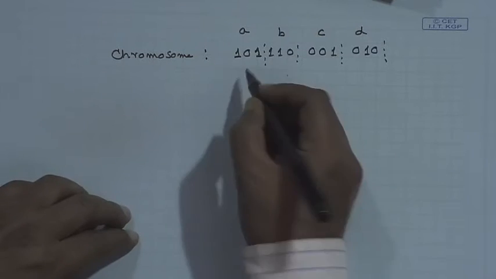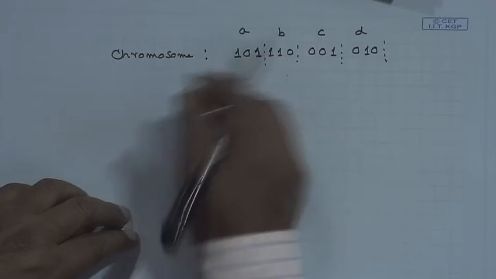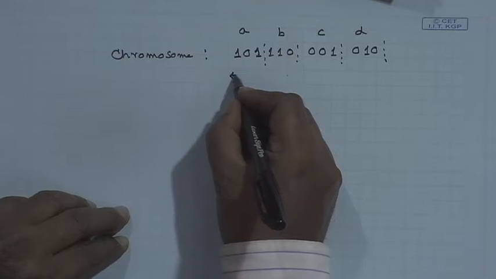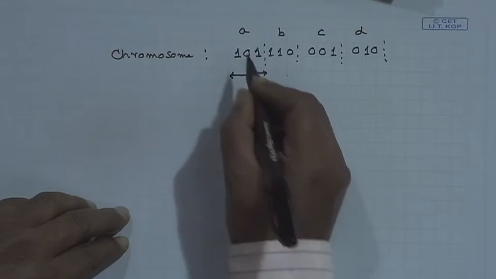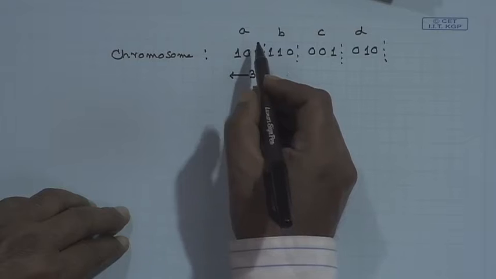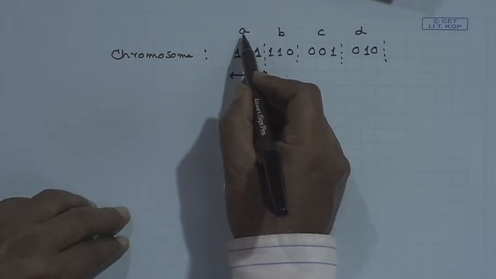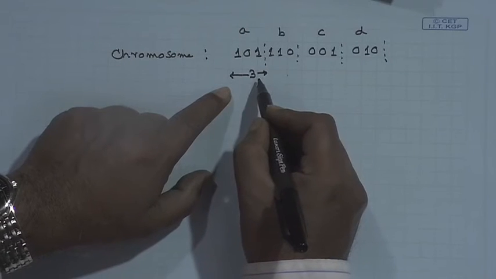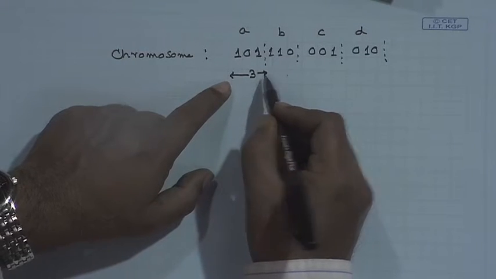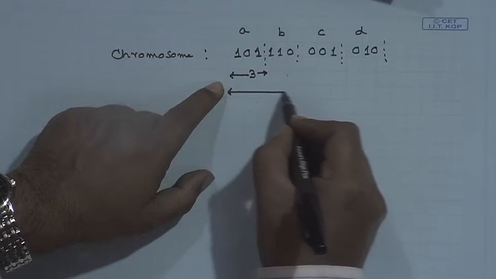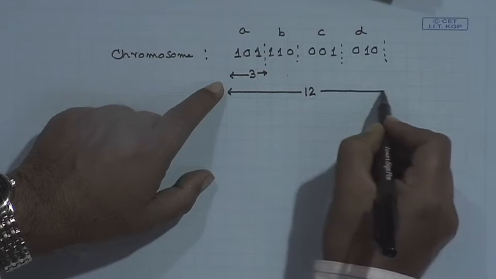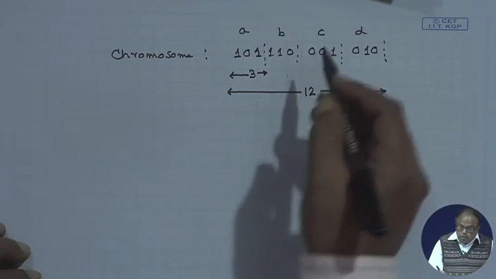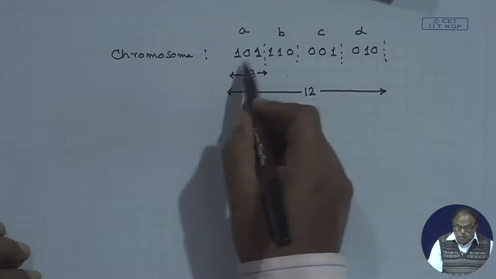Now, for each solution in this chromosome, I have taken the code length to be 3. That means each solution for each task A, B, C or D is given by a gene of length 3. Therefore, my total chromosome for 4 tasks is of length 12. All right. So, now this one is a solution.